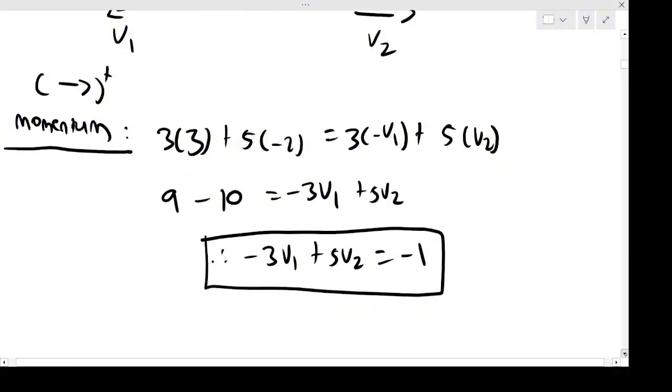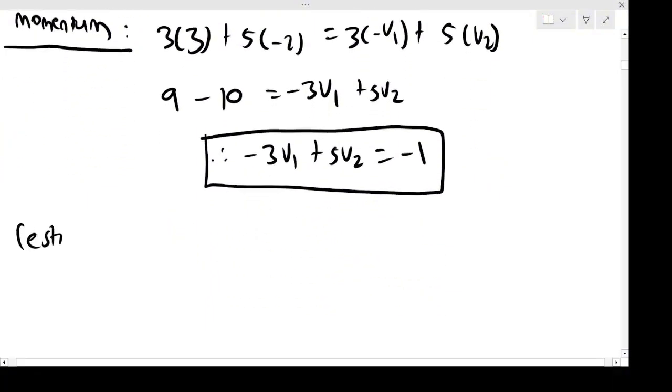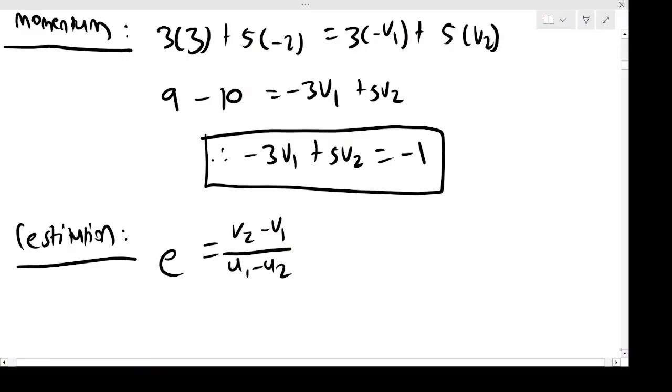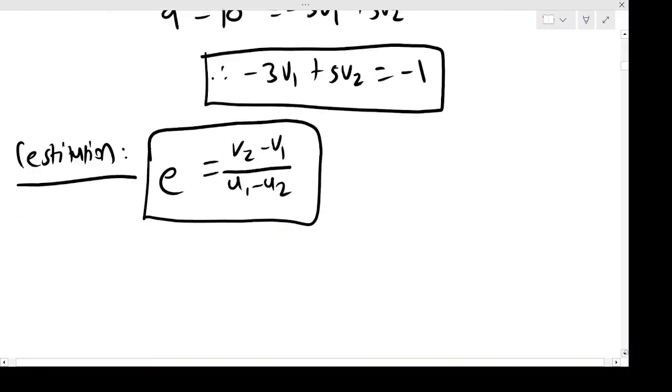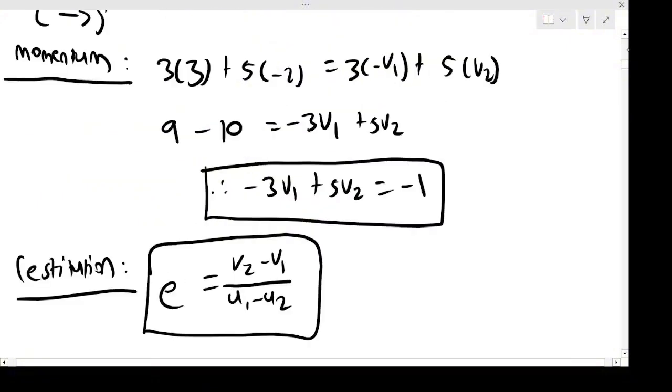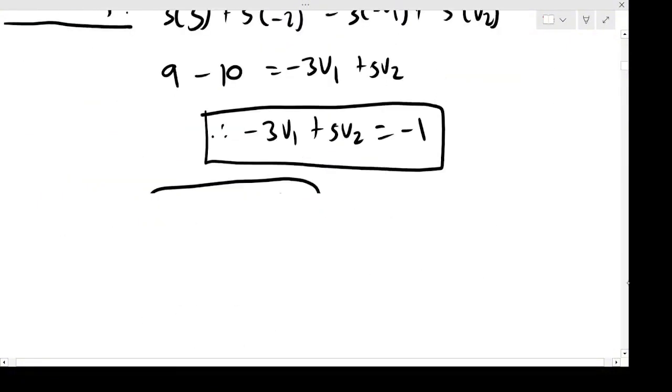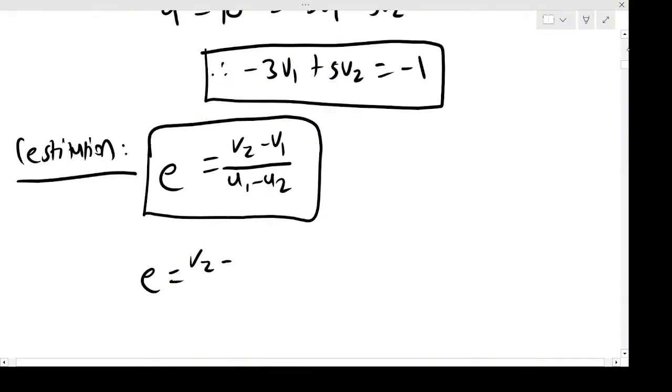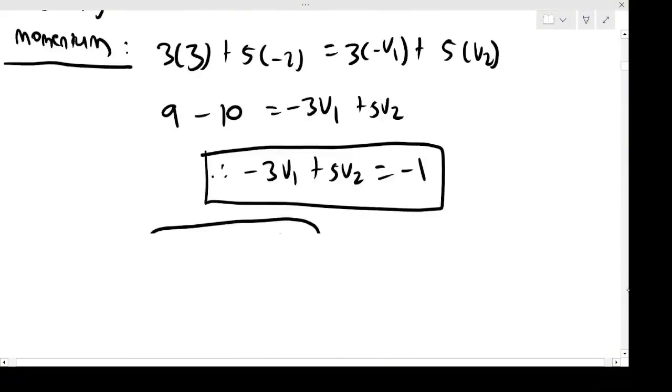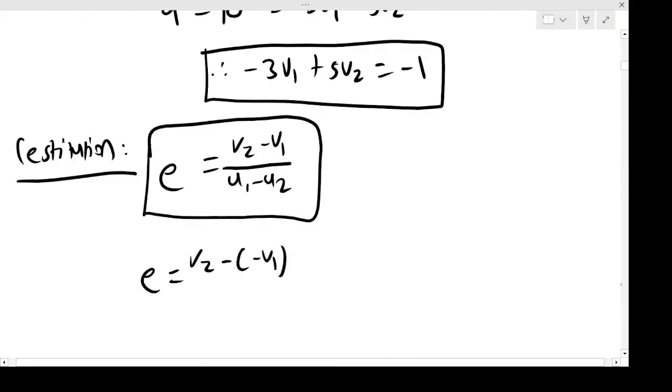Then I can also use restitution. Remember, the formula I like to use, it's a very nice, safe formula, is V2 minus V1 over U1 minus U2. Again, we've used that in the first part of the chapter. So in this case, e is going to be V2, and then minus V1, but V1's negative, so it's going to be minus minus V1.